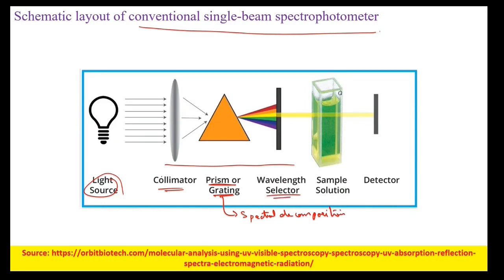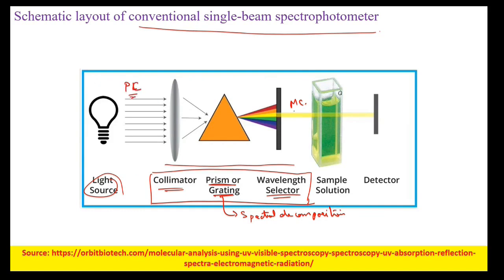These three components within a spectrophotometer help in converting a polychromatic light to a monochromatic light. Herein we have monochromatic light, and over here we have polychromatic light.